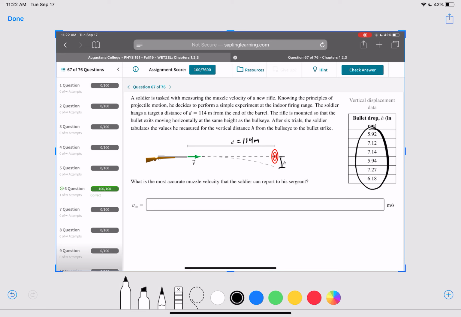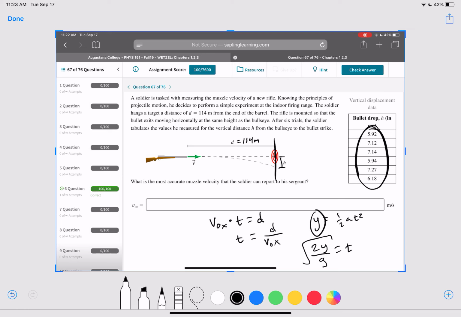Rate v0x times time equals distance, so the time it takes to get to the target is the distance over your initial velocity v0x. And for the fall, y is equal to 1/2 at squared, so your average height that you're dropping will give you the average time. 2y over g is equal to t squared, so take the square root.